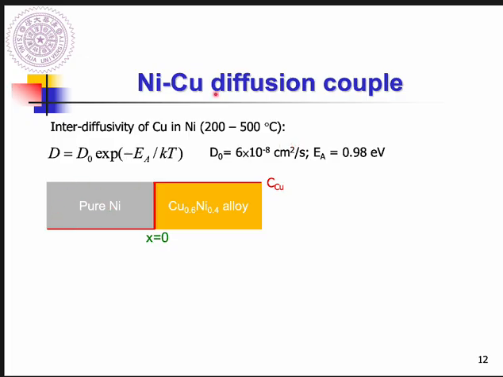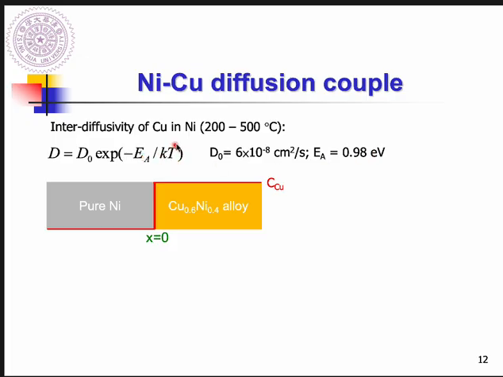The type of diffusion couple we have here is pure nickel bonded to a copper-nickel alloy, and the diffusion happens. This example demonstrates that the diffusivity equals D0 times exponential of negative activation energy divided by kT.